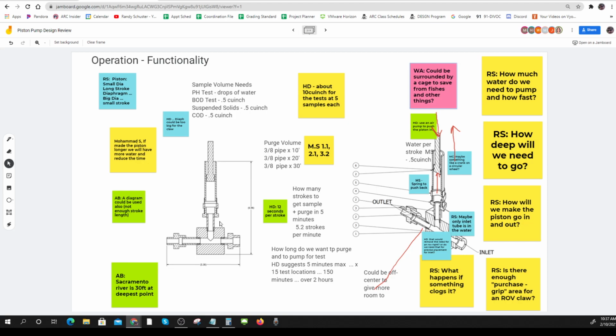Anybody got an idea? Anybody had a water softener or anything like that? What happens when that water softener gets plugged full of stuff? What do you do? Anybody know?